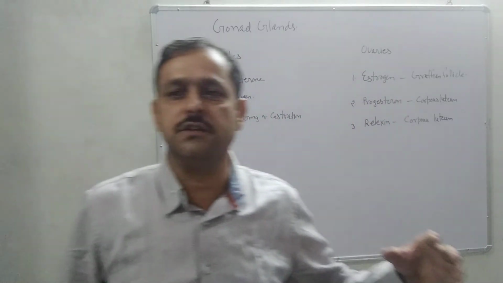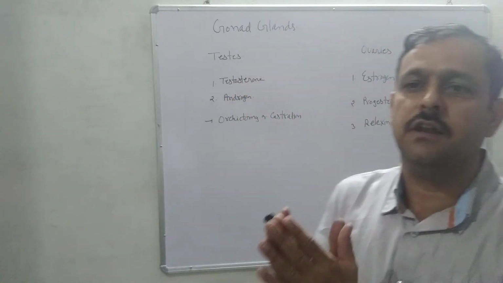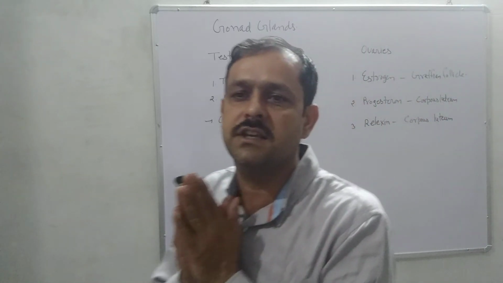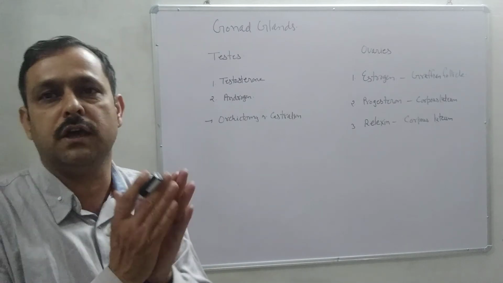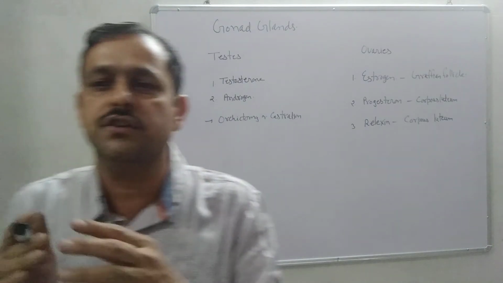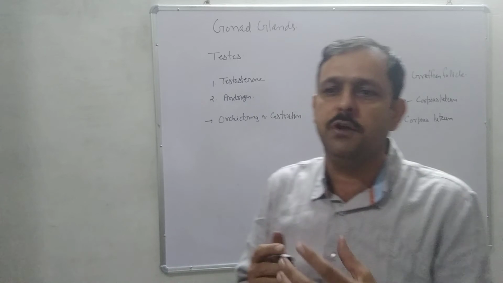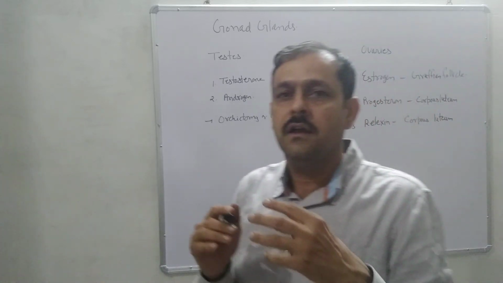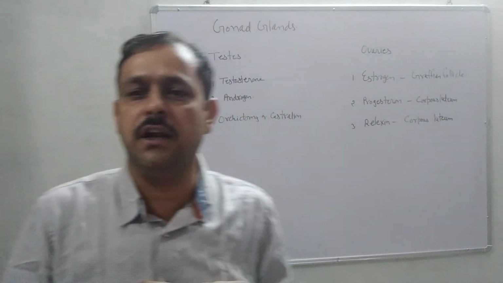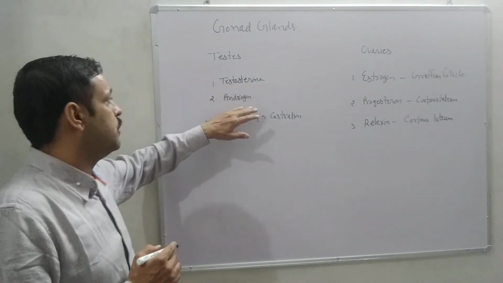Testes is a male sexual gland. Interstitial cells or Leydig cells in testes are endocrine in nature. One pair of testes is located in the scrotal sac outside the abdominal cavity, and these testes secrete two types of hormone, testosterone and androgen.